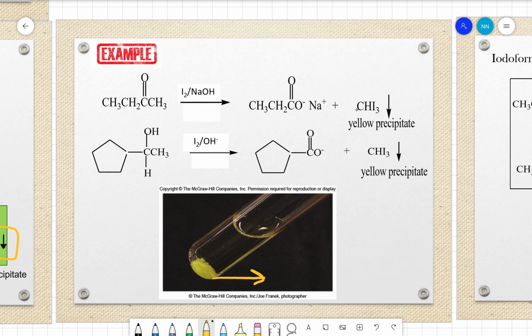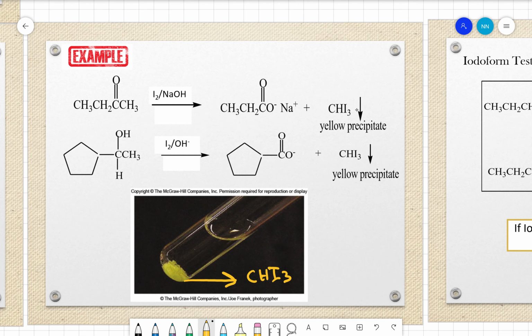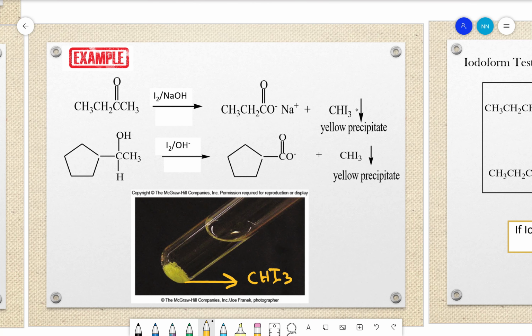If there is an absence of a methyl carbonyl, then you would not have the observation. You basically have no observable reaction.